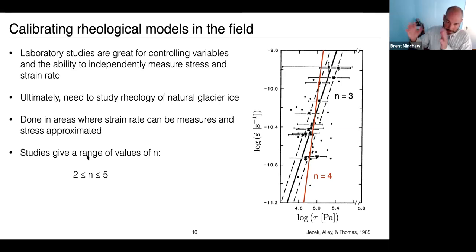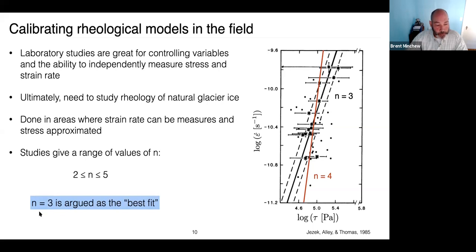Natural glacier ice is going to be somewhere between 2 and 5, so living in this range from grain boundary sliding to roughly dislocation creep based deformation. n=3 is typically argued to be the best fit. Best fit given here in scare quotes, in the sense that it's not obviously truly the best fit to all of the data that we have, but it's a little bit more of a heuristic in terms of the best fit for all the pieces that we have available to us.